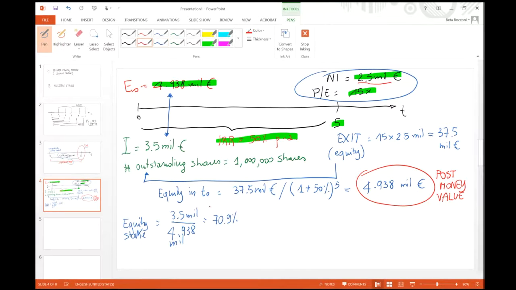Or, if you prefer, an equity stake of 70.9%. So, let's revert the reasoning: if we invest 3.5 million euros in a company that currently has a value of 4.9 million, and we assume to hold this investment for 5 years, and we gain a 50% internal rate of return, we are compatible with an exit value of 37.5 million euros.